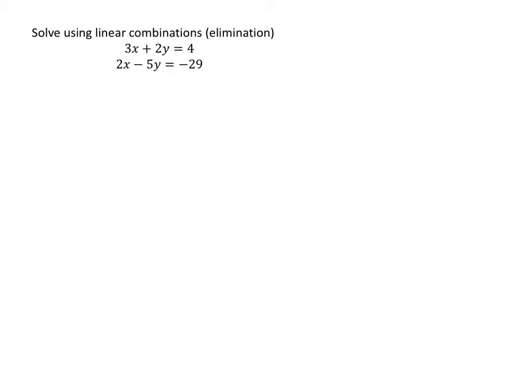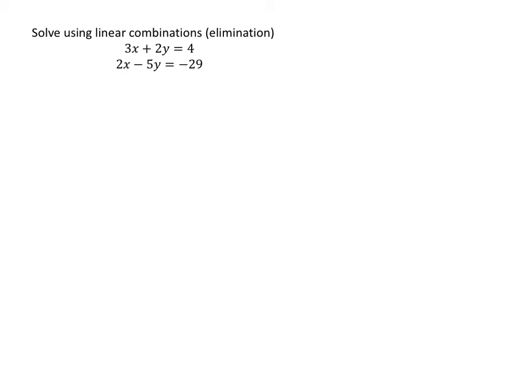The next method we'll look at is called linear combinations or elimination. This is the idea that I can add these equations together for the purpose of eliminating one of the variables. That's one of those transformations that we talked about that will produce an equivalent system.